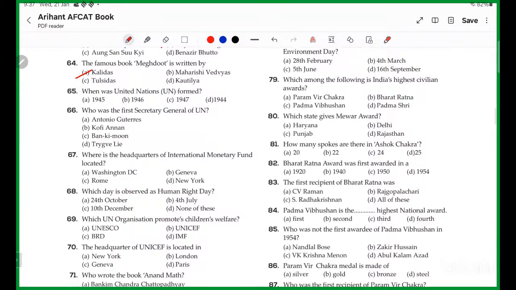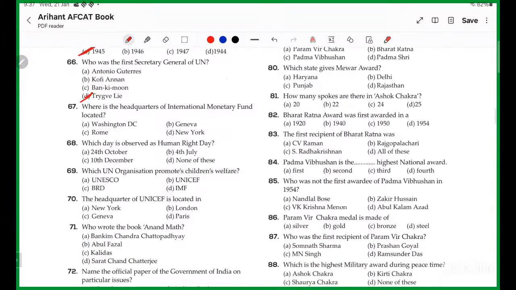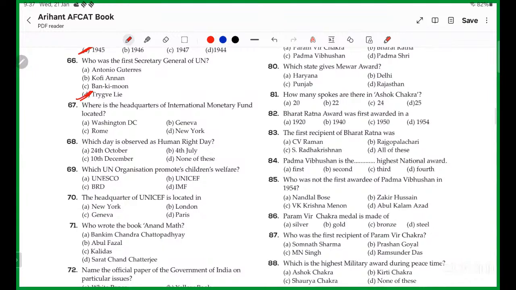When was the UN formed? Was it formed after or before the World War? It was formed during the time of World War, basically in 1945. Who was the first Secretary General of the UN? Trygve Lie. Where is the headquarters of the International Monetary Fund? It is in Washington DC.